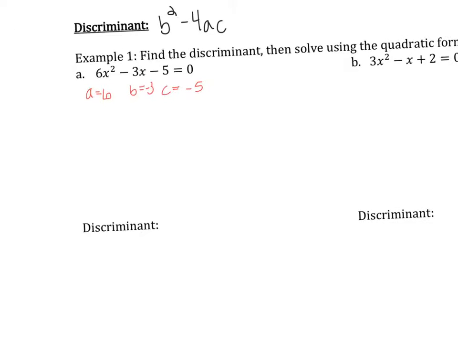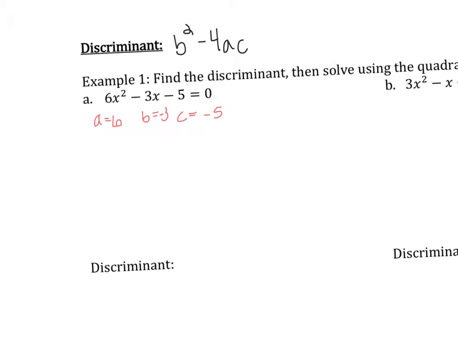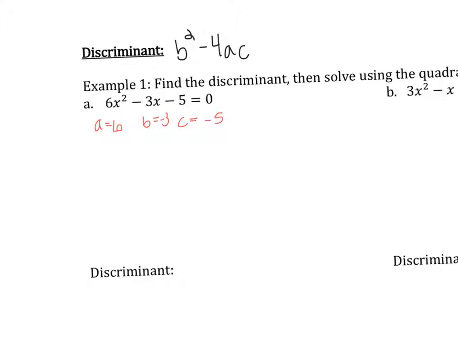The first thing that I would do here is go ahead and write out your entire equation. So in order to do that, we're going to just rewrite that formula. We're going to do opposite of b. B is negative 3, so I'm going to make it positive 3, plus or minus square root of b squared minus 4 times a times c, all over 2 times a.